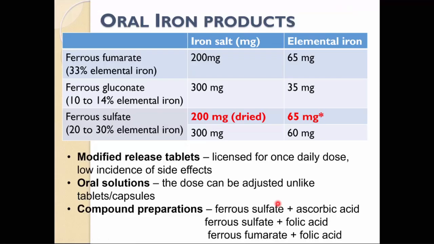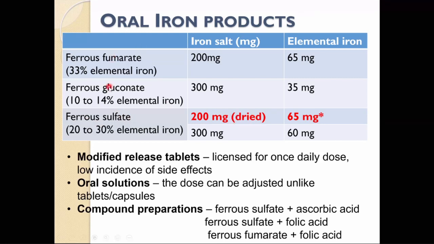Now, when it comes to oral iron preparations, there are 3 main preparations. You have ferrous fumarate, ferrous gluconate, and ferrous sulfate. Dried ferrous sulfate is what is registered with the NMRA.